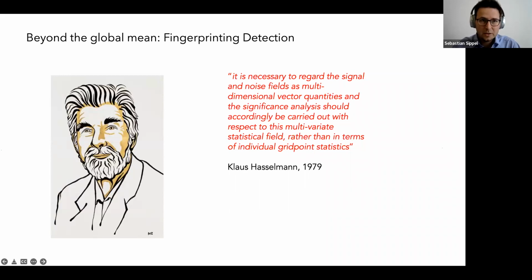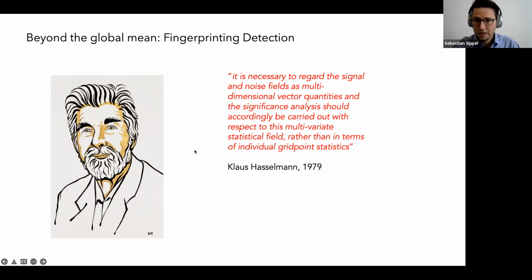However, you can use fingerprinting for detection and also for attribution, and the idea of fingerprinting is really to bring in different signals than just the global mean. The idea is to bring in spatial, spatiotemporal or vertical information of the atmosphere in order to have a better understanding of and better information on the signals we are looking at.